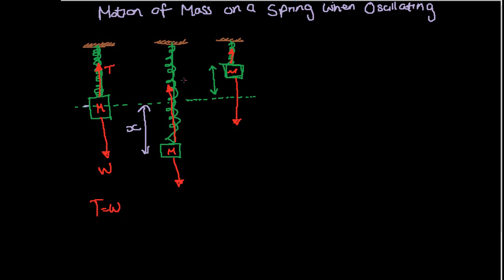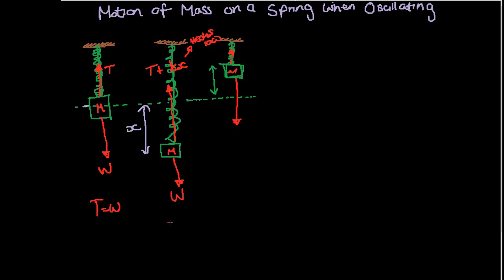On this one we have tension pulling up plus kx. This is the spring constant times extension, and this is Hooke's law, where force is equal to kx, and we have weight pulling down.